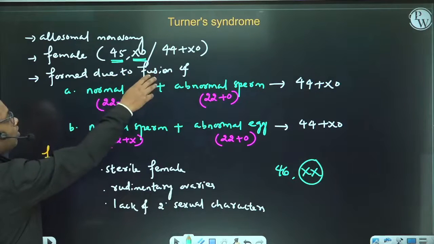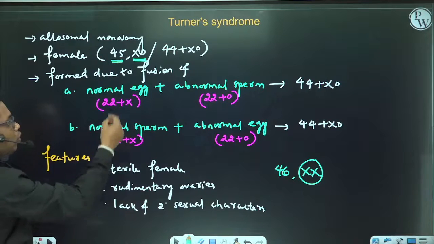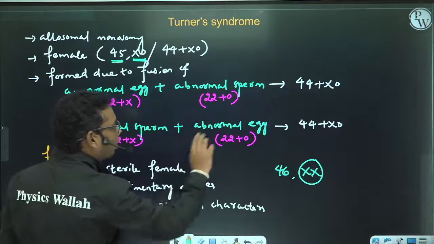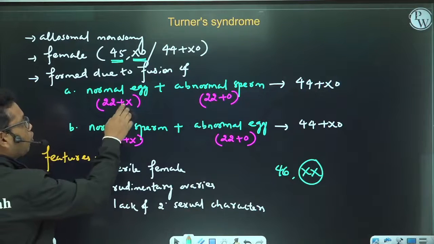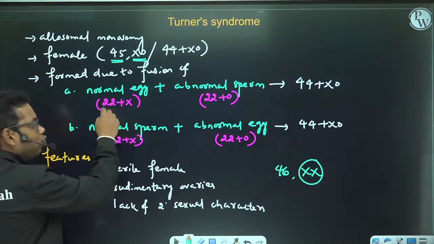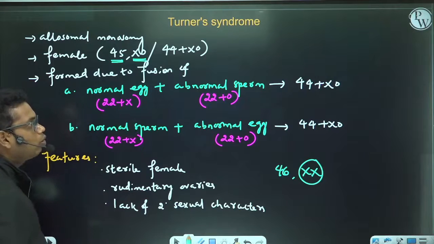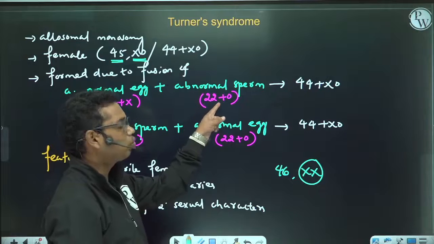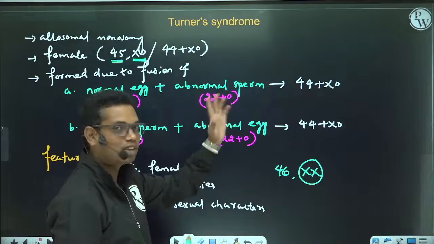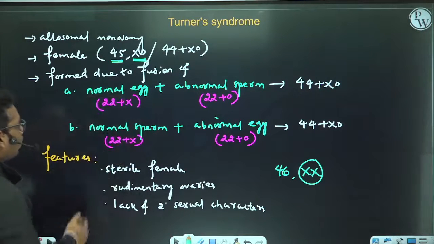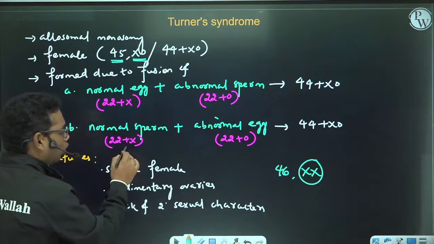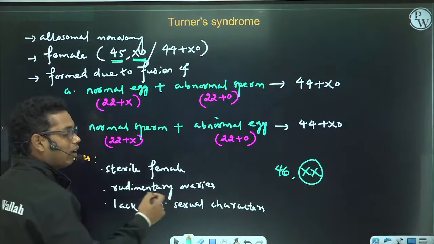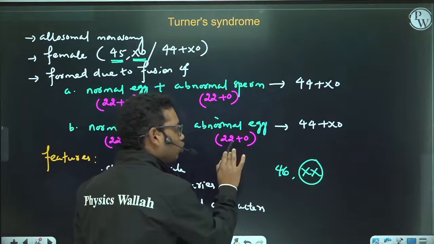And this individual female is formed due to fusion of normal egg with abnormal sperm or normal sperm with abnormal egg. Normal egg will have 22 autosomes and 1 X chromosome, and abnormal sperm will have 22 autosomal chromosomes and no sex chromosome. Normal sperm has 22 autosomes and X chromosome, and abnormal egg has 22 autosomes but no sex chromosome.